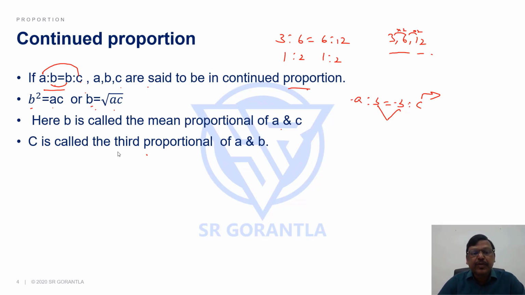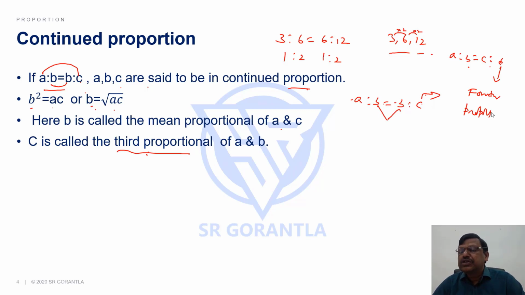Please remember, this third proportional term comes in continued proportion only. In the previous case, when I say A is to B is equal to C is to D, here we don't call C the third proportional of A and B. The third proportional term is used when A is to B equals B is to C, then we say C is the third proportional of A and B. You may call D the fourth proportional of A, B, C when A is to B is equal to C is to D. But we don't call C the third proportional.